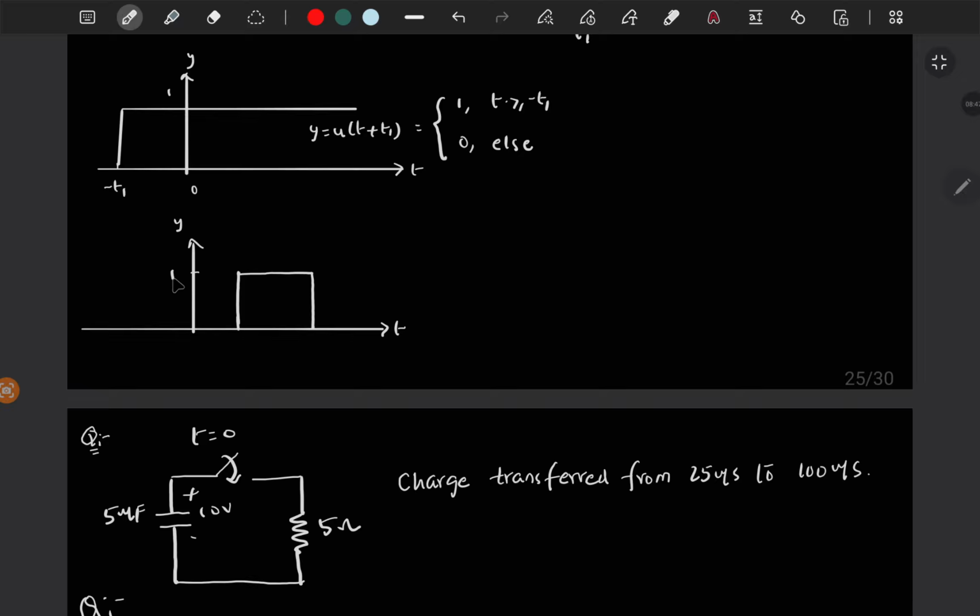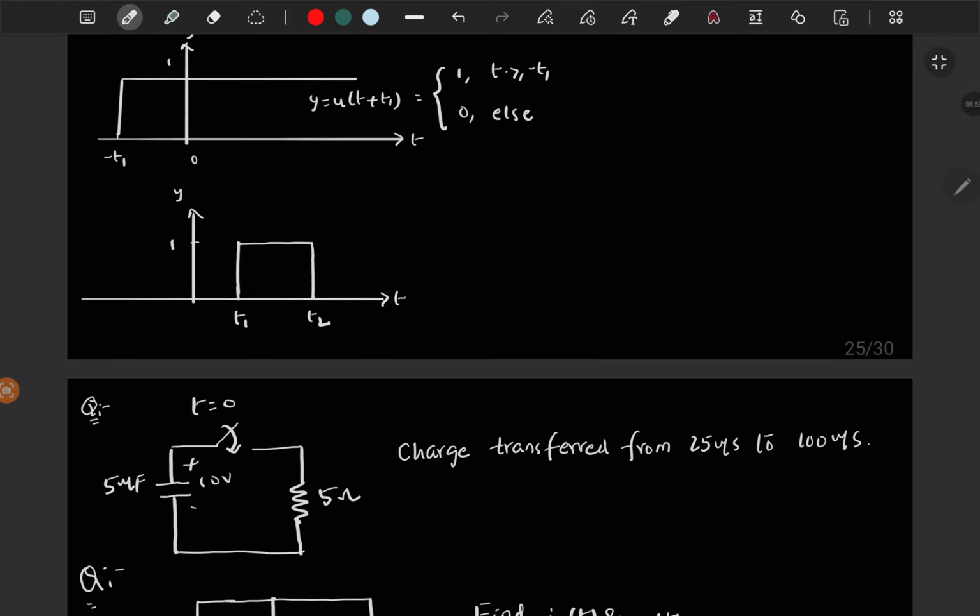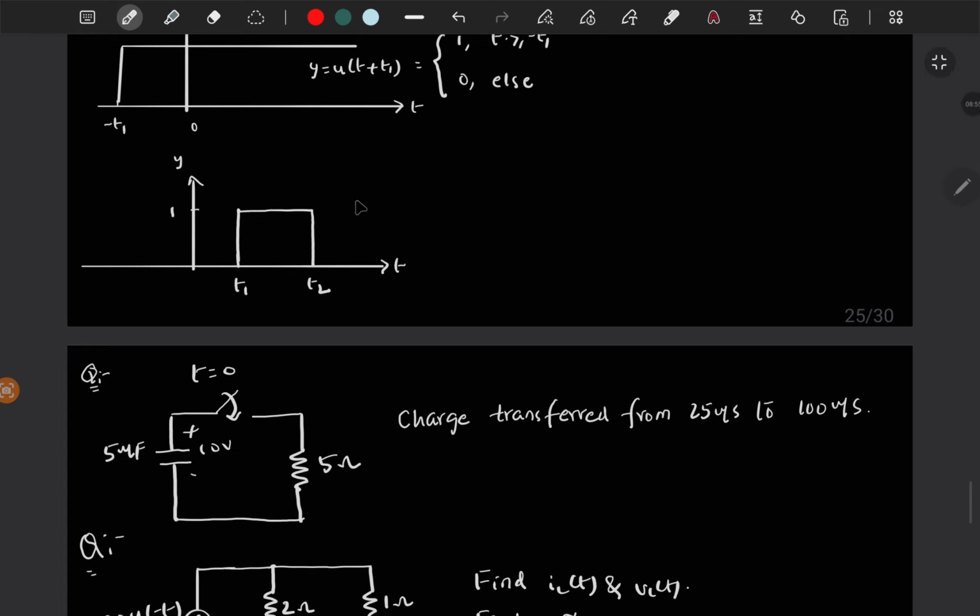So this magnitude is 1, and let's say this is t1 and this is t2, where t2 is greater than t1. Now see, we know this, right? Let's say from t1 till t tends to infinity, this is u of t minus t1, because it is shifted by t1 units.